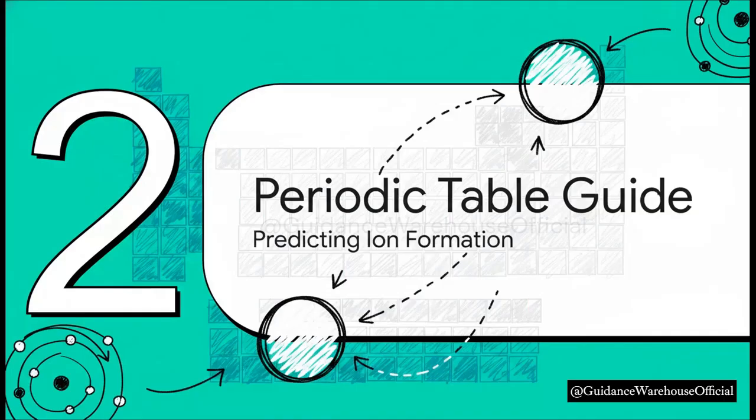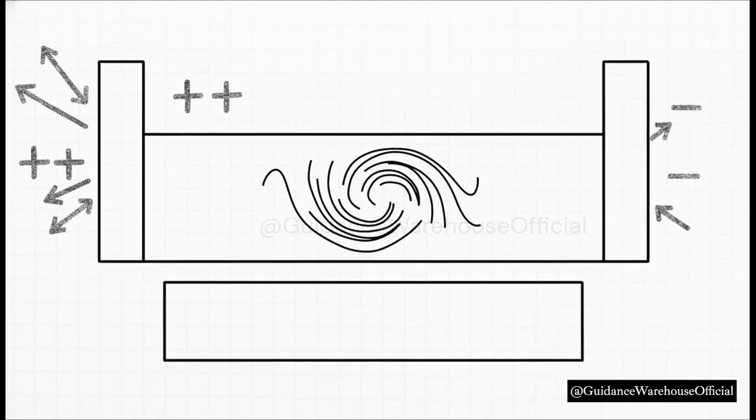Moving right along to Section 2, your periodic table cheat sheet and predicting how these ions form. You might be wondering, do I just have to guess which atoms are going to gain or lose electrons? No way. The periodic table is literally a brilliant, built-in predictive tool. Let's break down the rules. Atoms of main group metals, way over on the far left of the table, they tend to lose electrons.